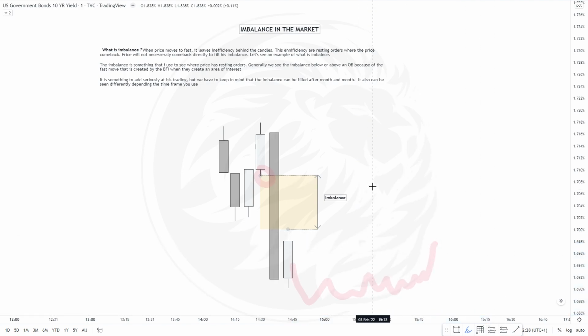This is not the subject, but price will not necessarily come back. Okay, it's a nice thing to add to another block because we know that the price has a fair value gap that we can fill by having another block at this stage of the market.